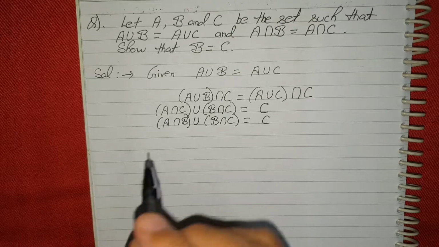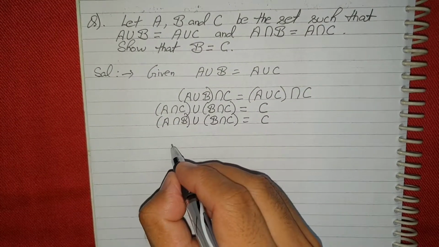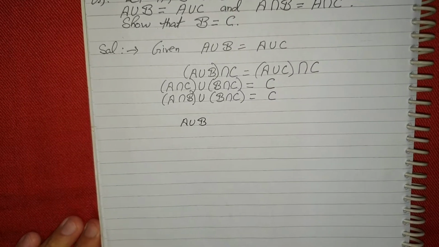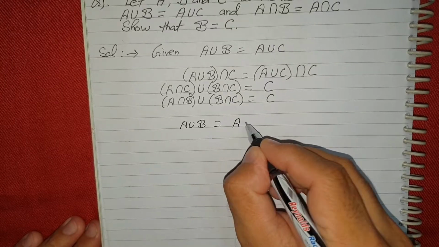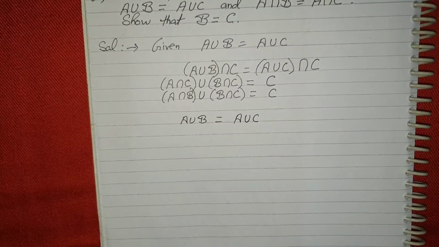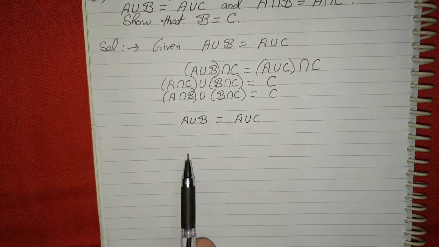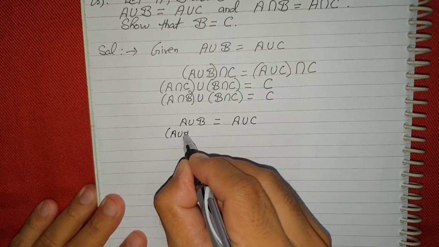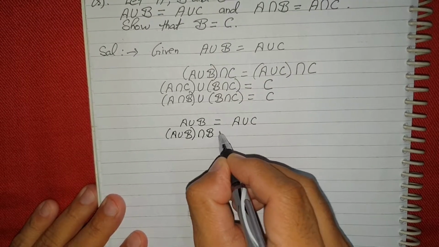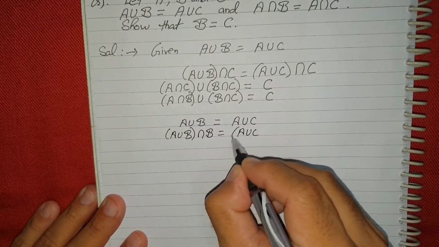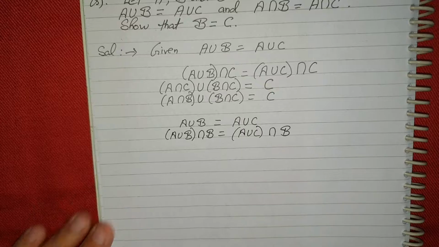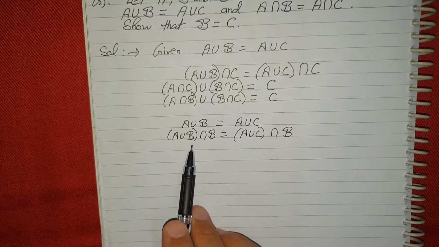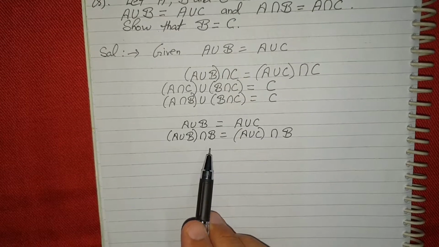Okay. Now again, what is given is A union B equals A union C. Now in the next step, we will take intersection B on both sides. Now (A union B) intersection B equals (A union C) intersection B. Now again the same theory: if you take A union B and you take B common, so that will be B only.